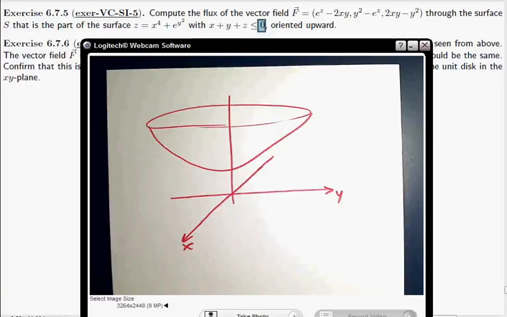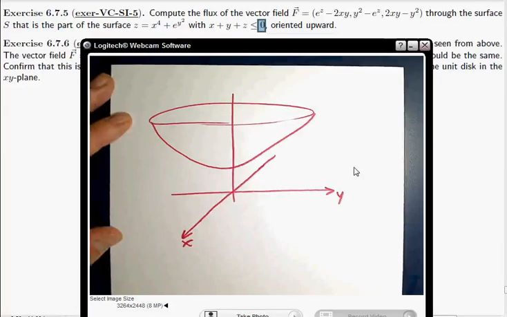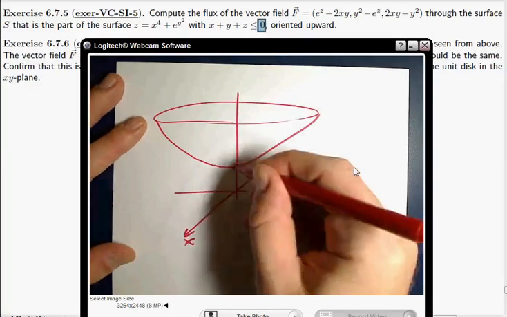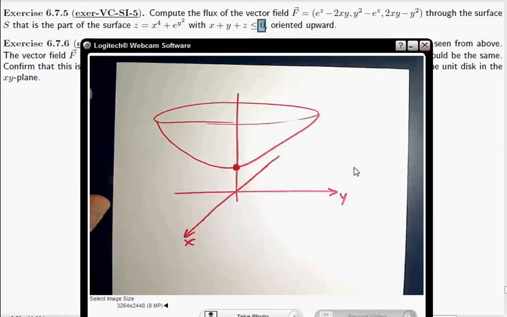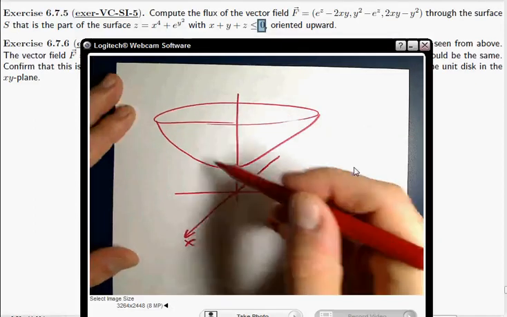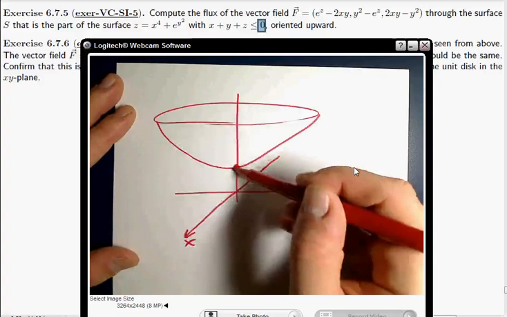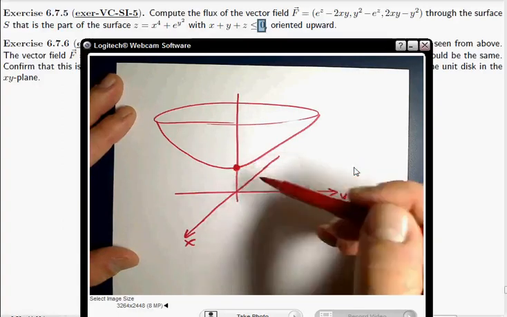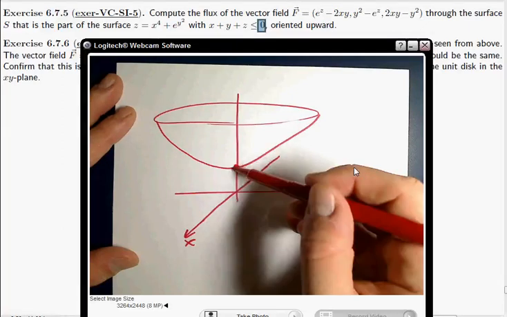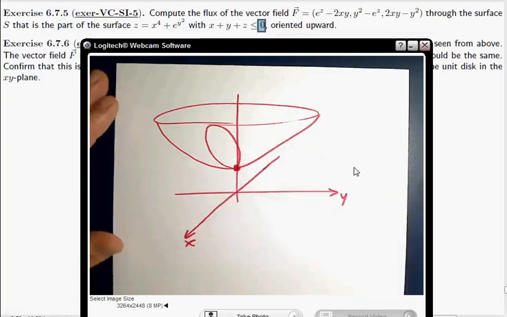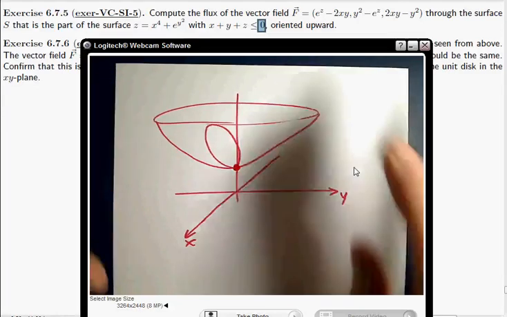So what does that tell us then? Now the plane goes through this point that the surface does as well, and as that plane cuts through, it's going to cut off some sort of slice. It's very hard to draw, so let me redraw the picture.